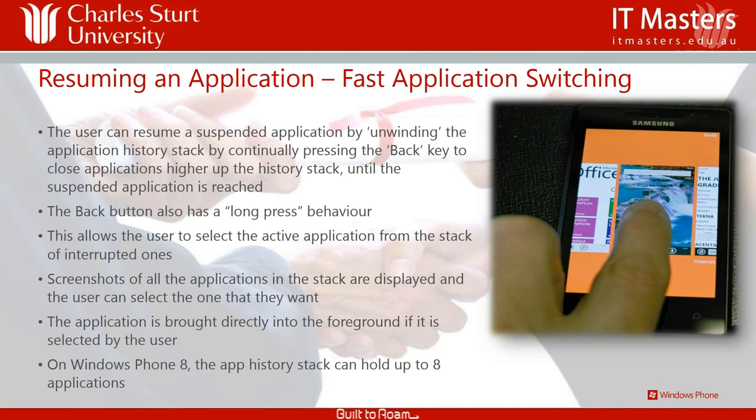Essentially, rather than deleting everything in the backstack until it gets to the application the user wants to switch to, the application they switch to actually gets pulled out of the backstack and moved to the front of the queue. So this is just a quick way for the user to navigate through the running applications.